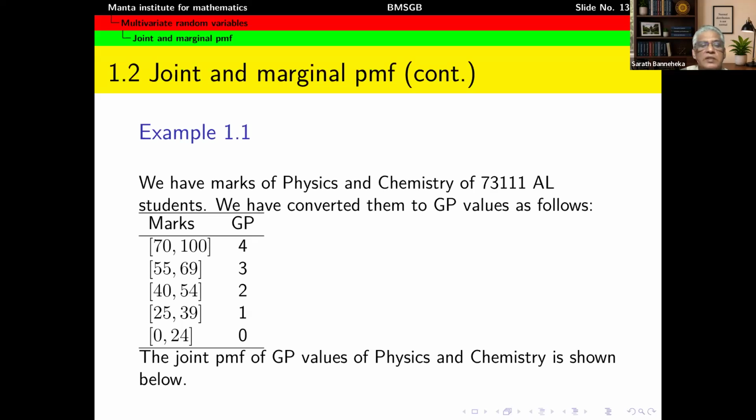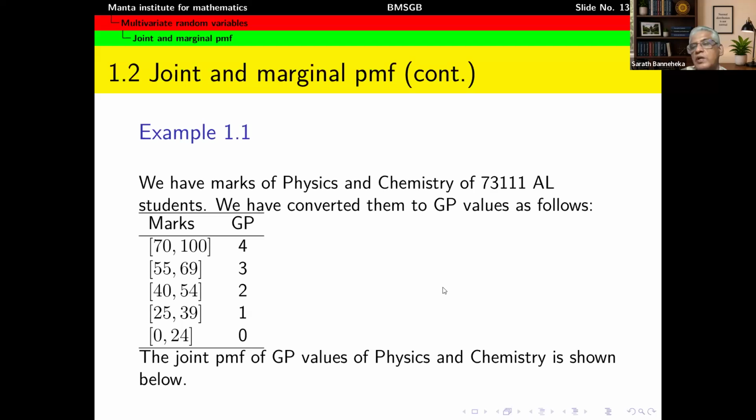And then I looked at all possible combinations. Now here there are 5 values, so 5 times 5, 25 possibilities: 0,0, 0,1, 0,2, and so on. So I found out how many students have both 0 GP for physics and chemistry. How many students have 0 and 1?